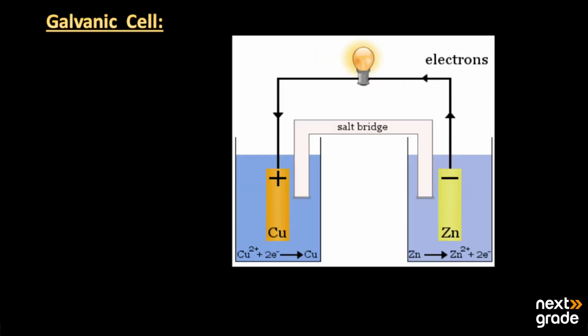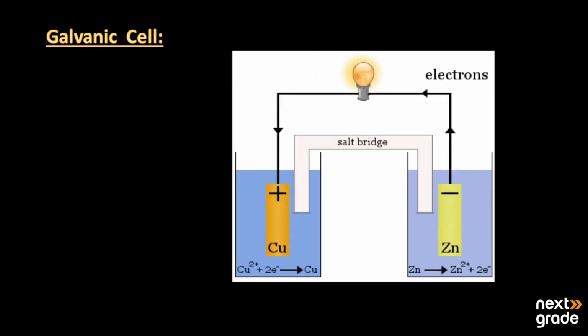After that, we have the galvanic cell. This is a type of chemical cell in which we have a chemical reaction, and from the chemical reaction we get chemical energy.